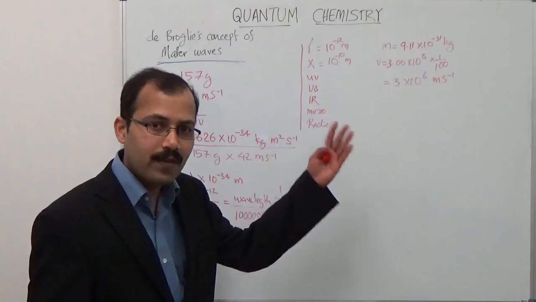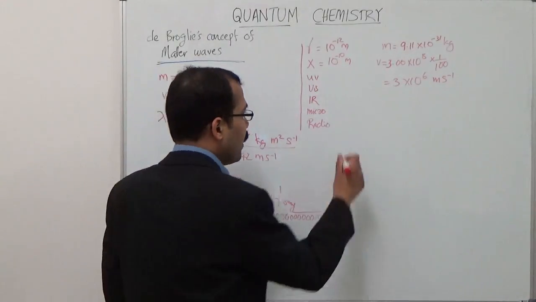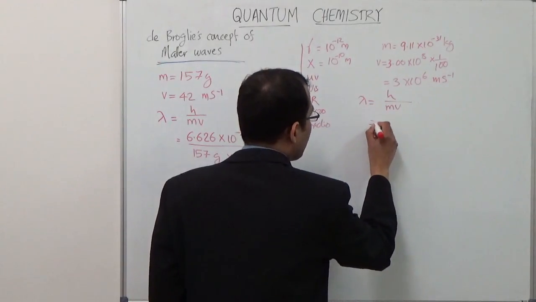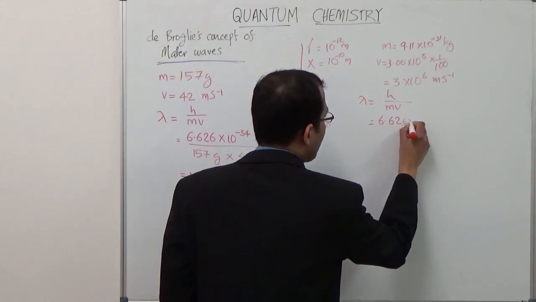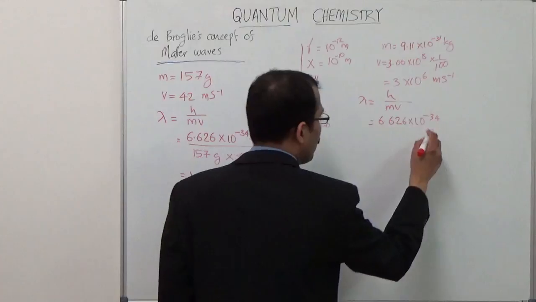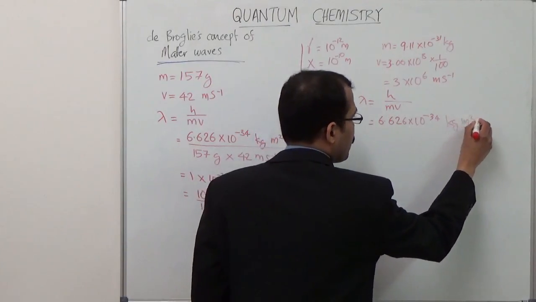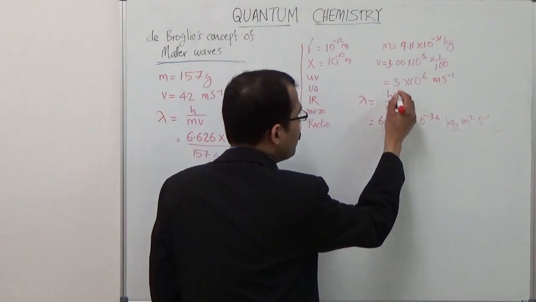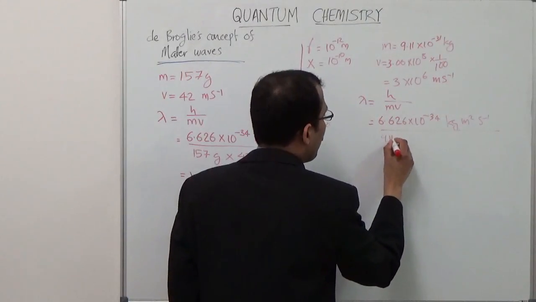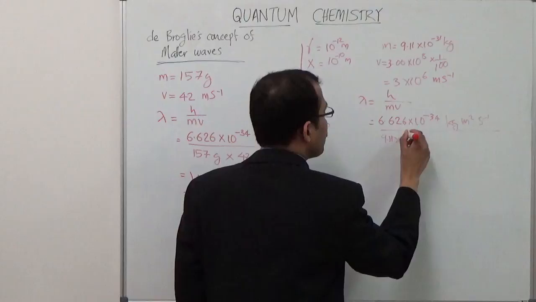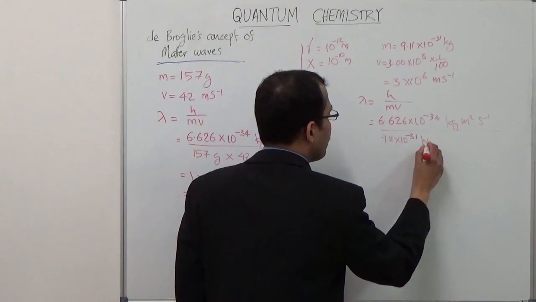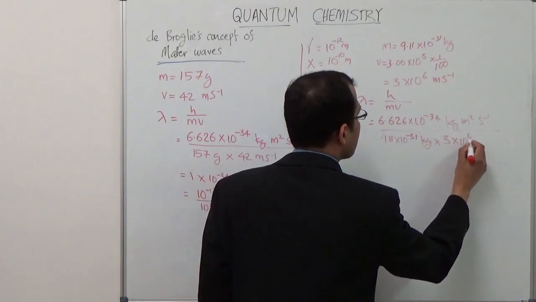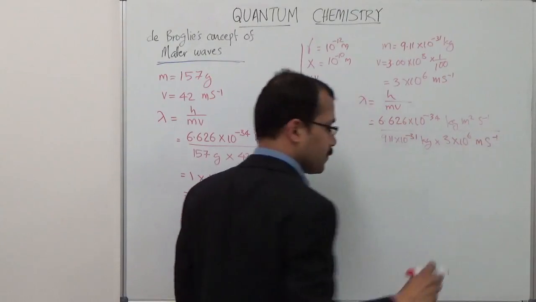And let's try to calculate the wavelength of this electron. The wavelength lambda is equal to h divided by mv, that is equal to 6.626 times 10 raised to minus 34 kilogram meter square second raised to minus 1, divided by m times v. m is 9.11 times 10 raised to minus 31 kilogram, times v is 3 times 10 raised to 6 meter per second.